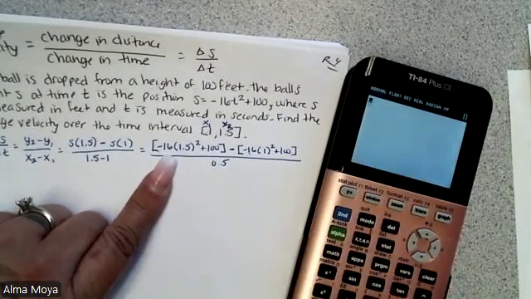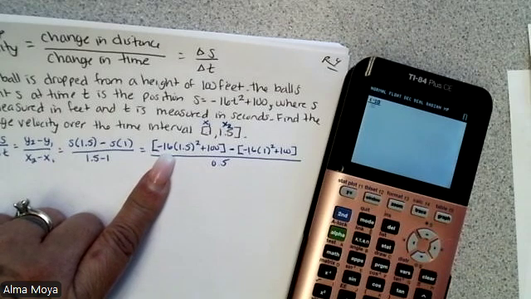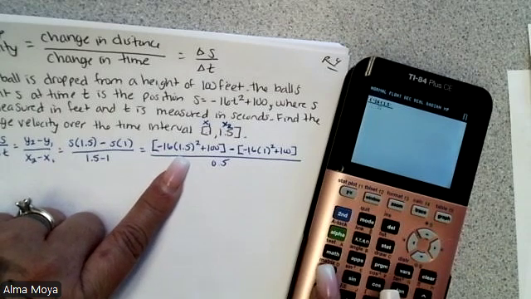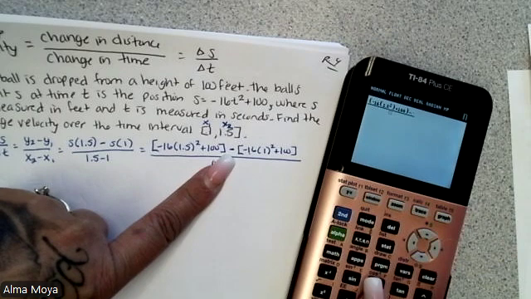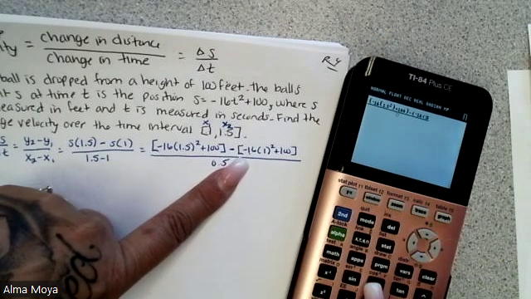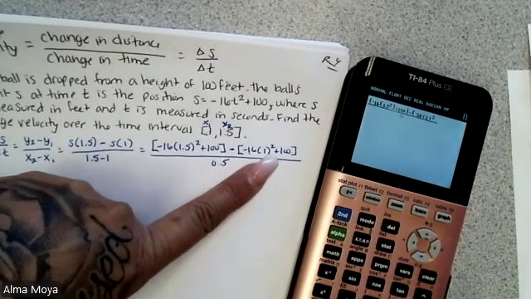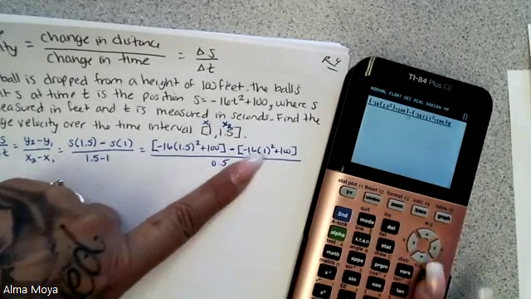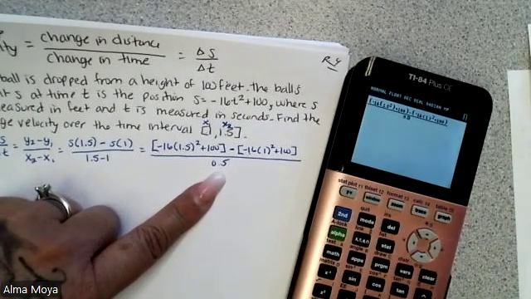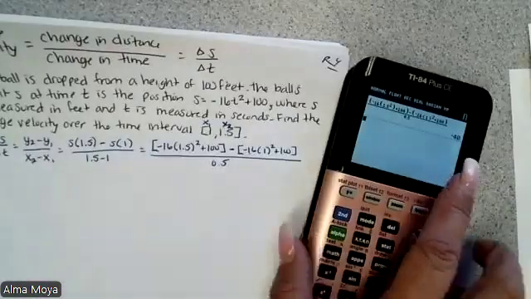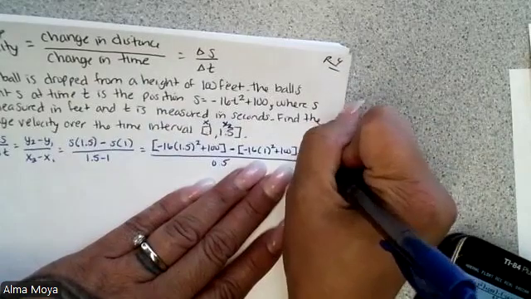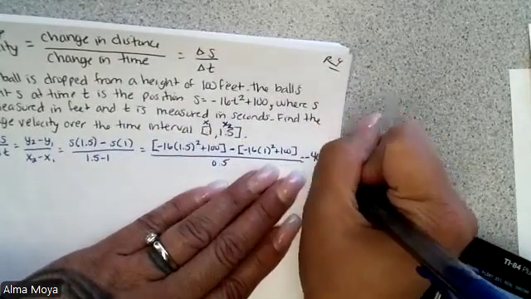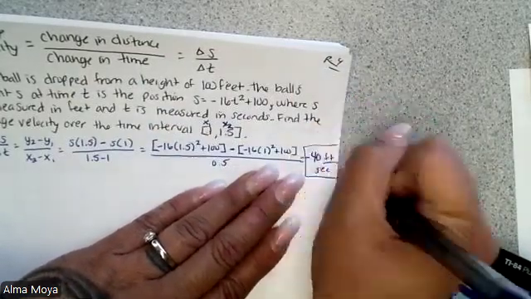Delta y equals negative 16 times 1.5 squared plus 100, close the parenthesis, minus negative 16 times 1 squared plus 100. In the denominator, I have 0.5, and my answer comes out to be negative 40. So the answer here is negative 40, and the units is feet per second.